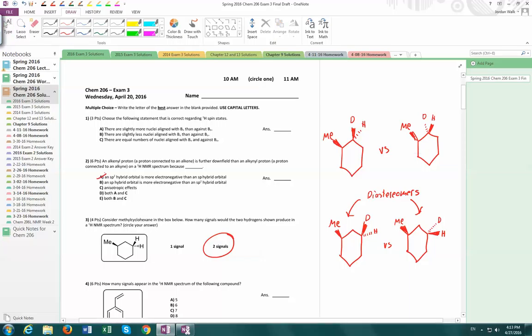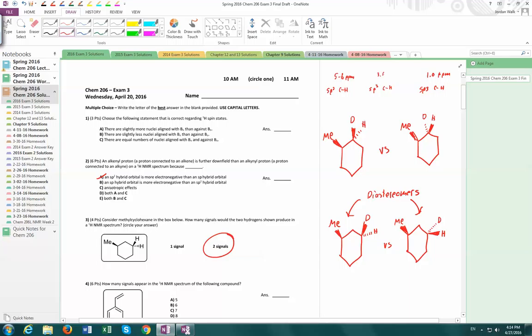So if we think about that, let's think about what we see. We typically see sp3 CH protons around 1.0 ppm, and then we see sp2 CH protons around 5 to 6 ppm. Where do we see alkyne protons?